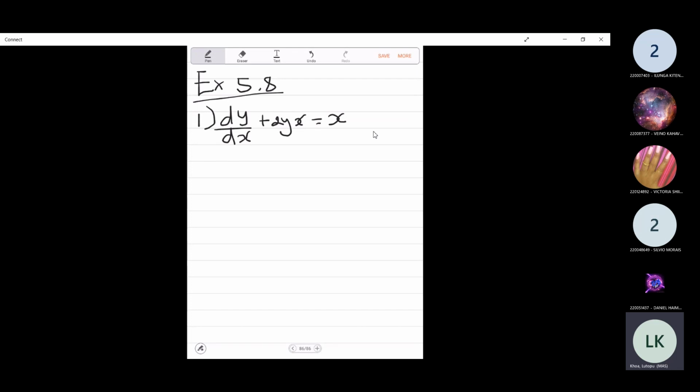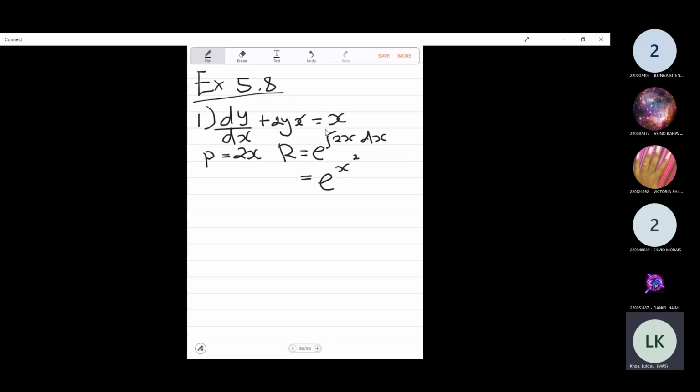So from here we can see that our p is equal to 2x. Now we just need the integration factor. So r is equal to e to the power of the integral of 2x dx, and this is e to the power of x squared.